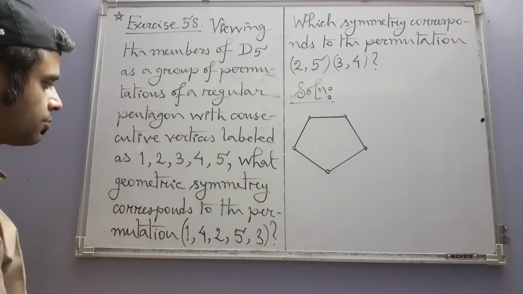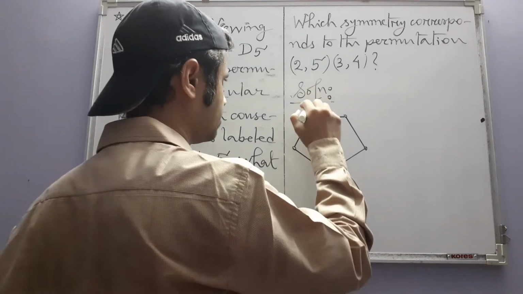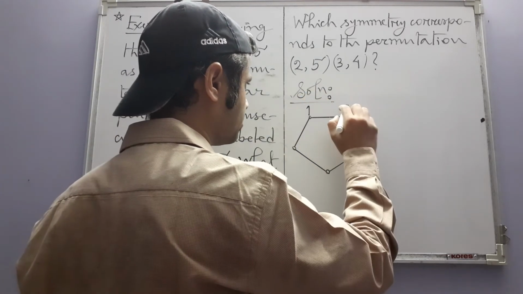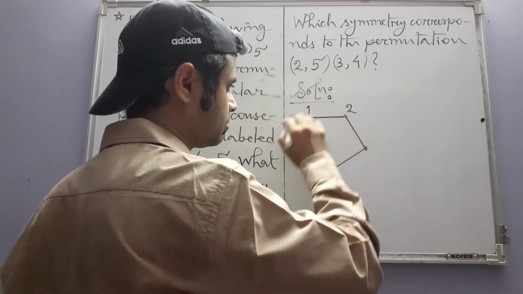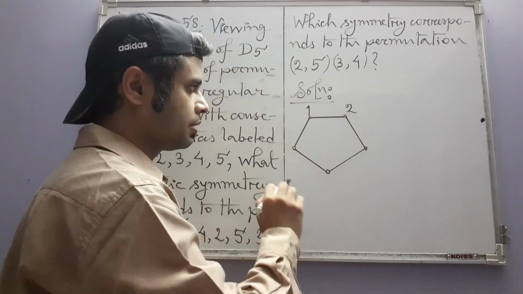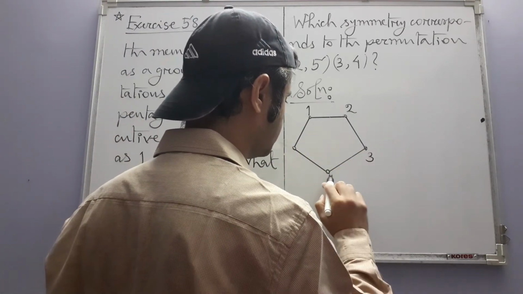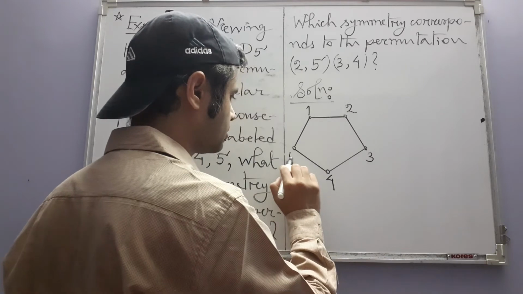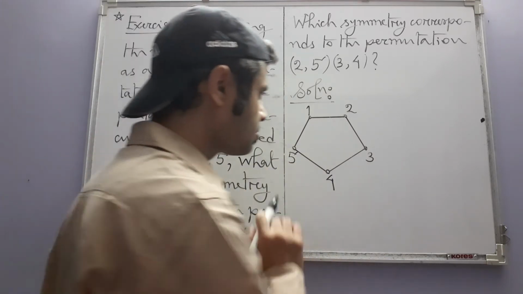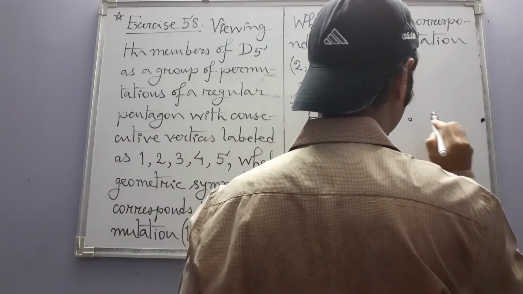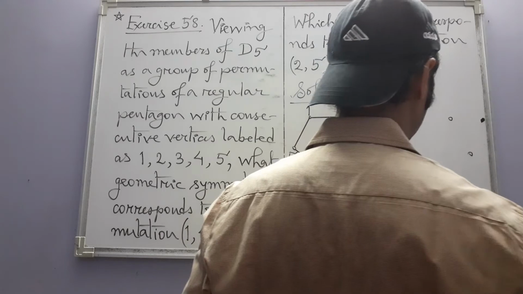Okay, so the consecutive vertices are labeled as usual. If you want, you can follow the numbers in the counterclockwise sense also, but I am just choosing to write them clockwise. Okay, and this transforms into this.